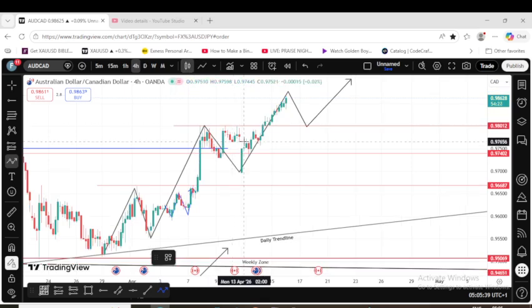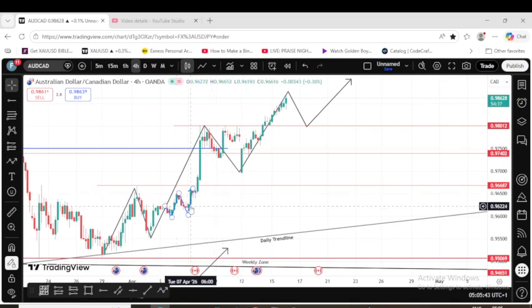Okay, so there's a W pattern here. Price went up. And then there's a W pattern like this.